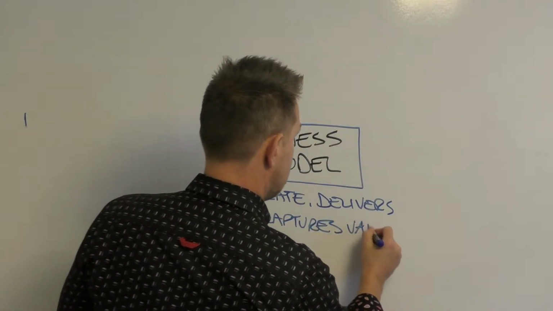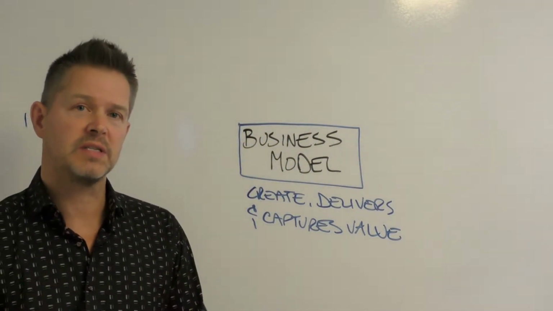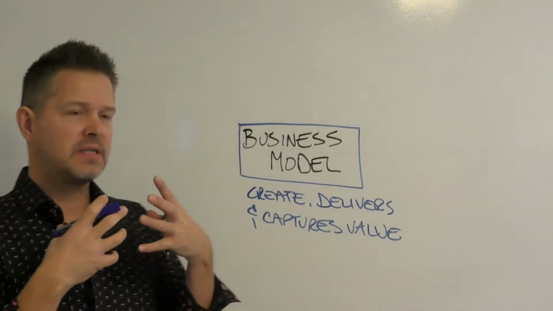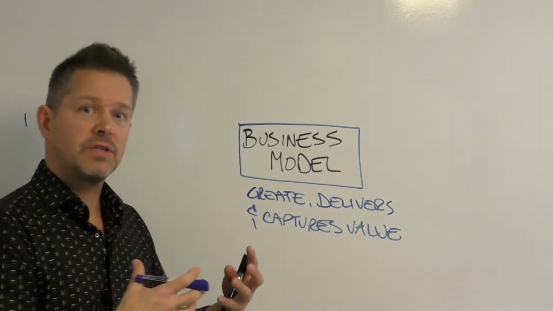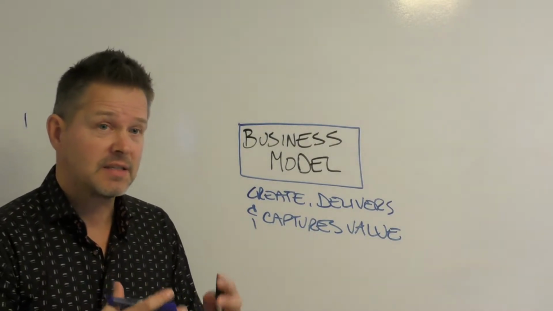That's the definition we're going to work with. I love that it describes the rationale on how a business creates, delivers, and captures value, because that's what businesses do. And your accounting practice does the same thing.